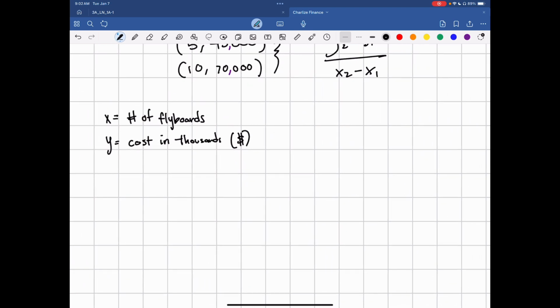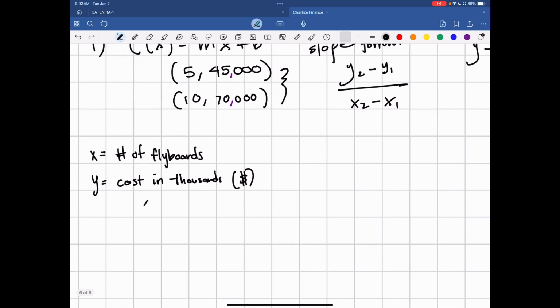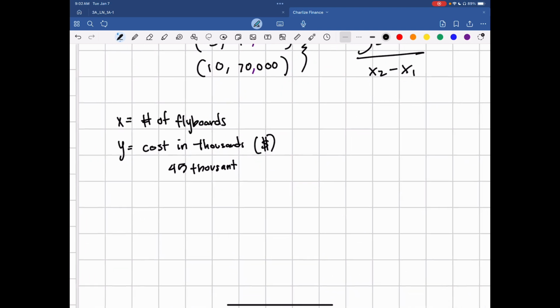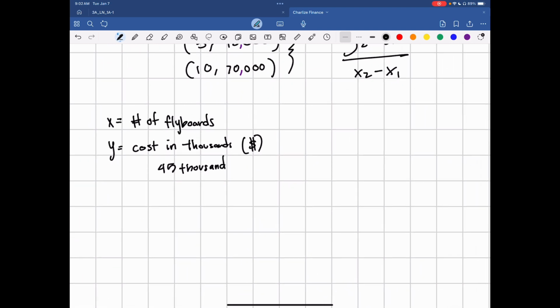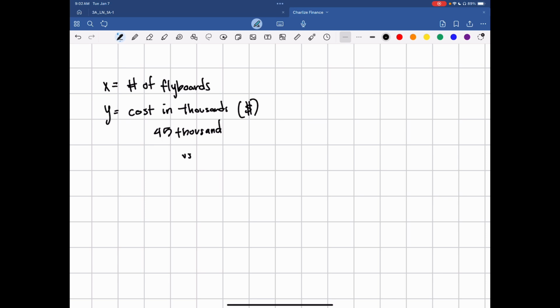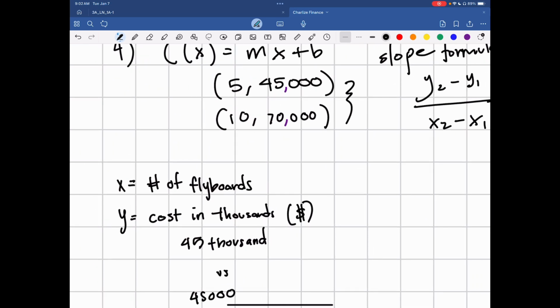This makes sense because I could say either 45,000 or 45 thousand. For the first option, x equals the number of flyboards and y equals cost in dollars, so it's counting every single dollar.